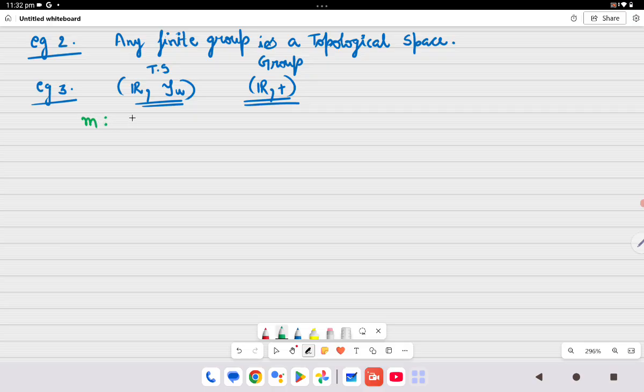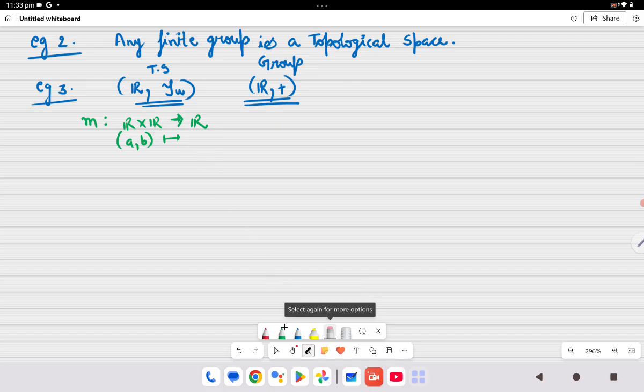Okay, so we know the multiplication map goes from G cross G to G. Here it goes from R cross R to R. So let me write it specifically. It is a map from R cross R to R such that any tuple (a, b) will be mapped to a plus b, since here the operation is plus.